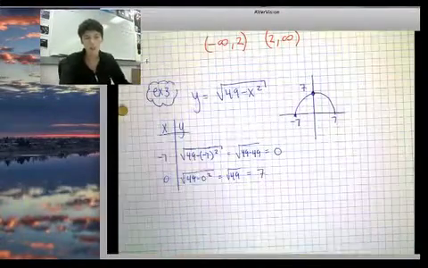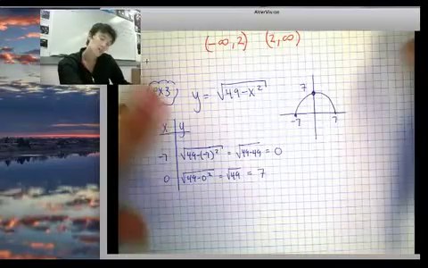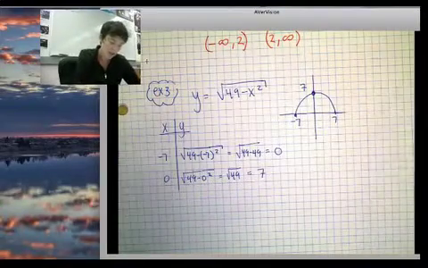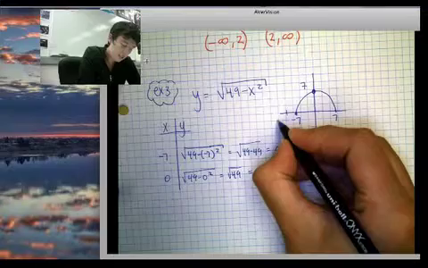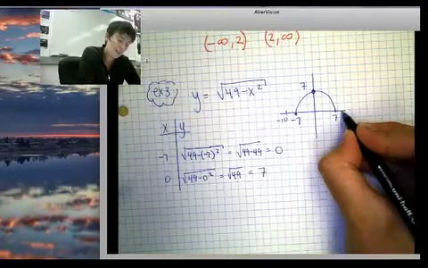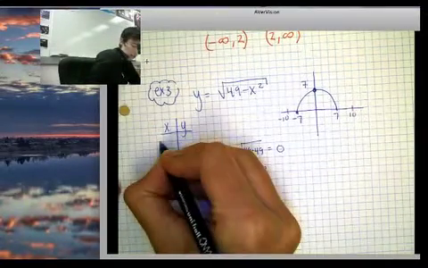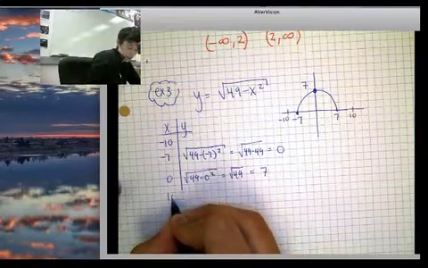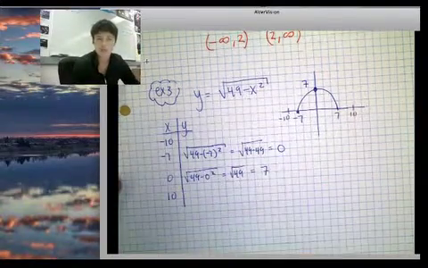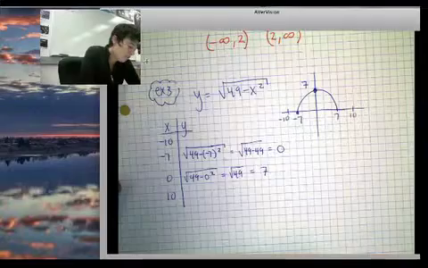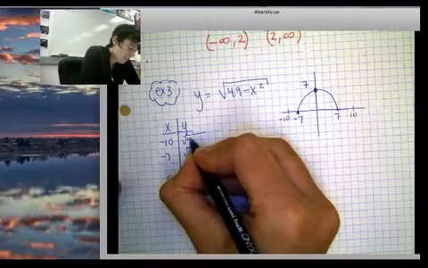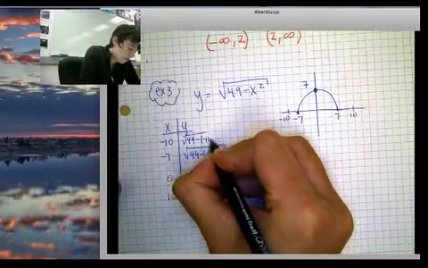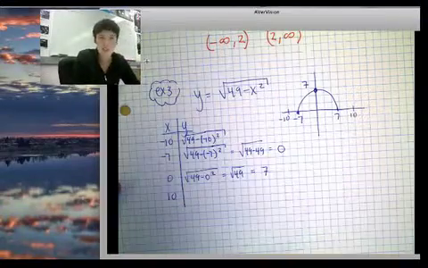Here's where the issue happens. Plug in a number that's outside of this domain that we're talking about. Like, go out here to like -10, or out here to +10. So -10, I'll put it on top, +10 down here. If you try plugging in those numbers, think about what's going to happen. Square root 49 minus -10 squared. We know 10 squared is 100.